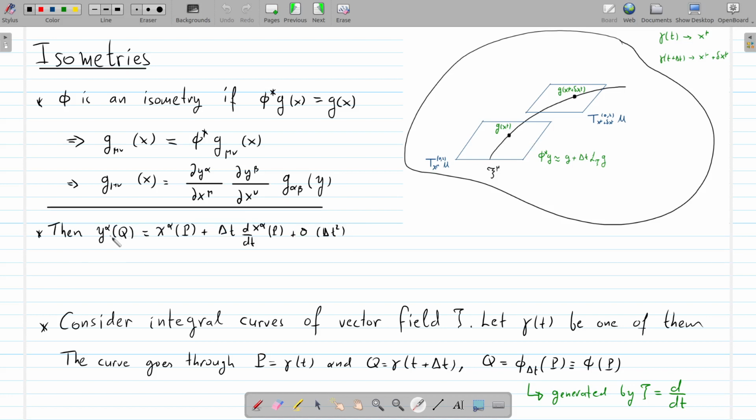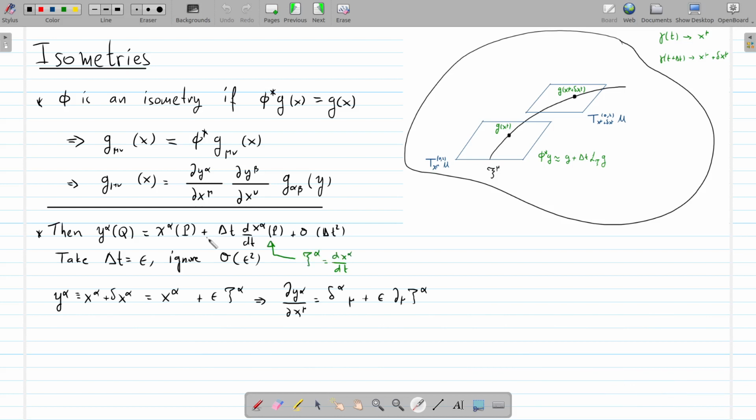Then the coordinates of the point Q can be computed from the coordinates at the point P by performing a Taylor expansion, and we can consider the case where δt is very small and approximate the new coordinates by keeping only terms to the desired order in δt.